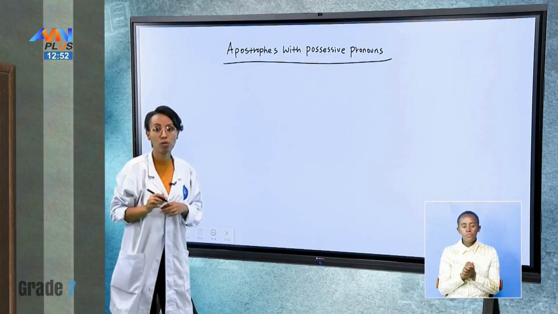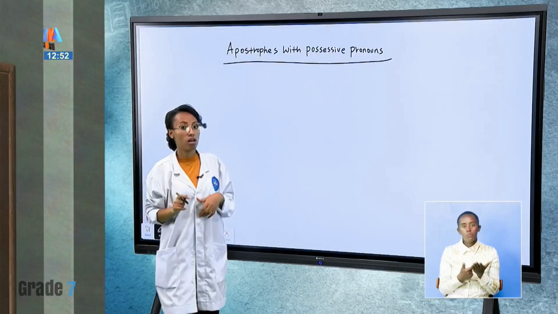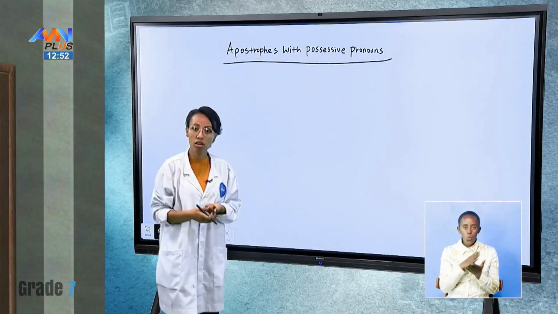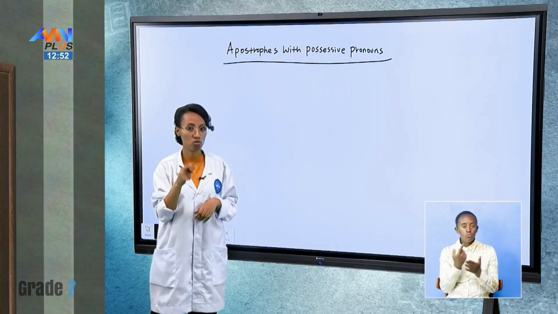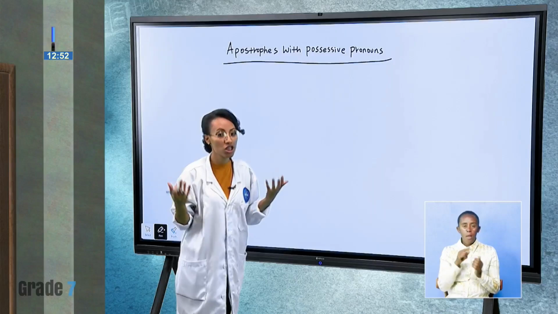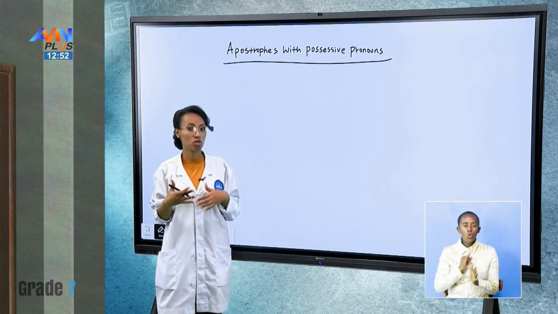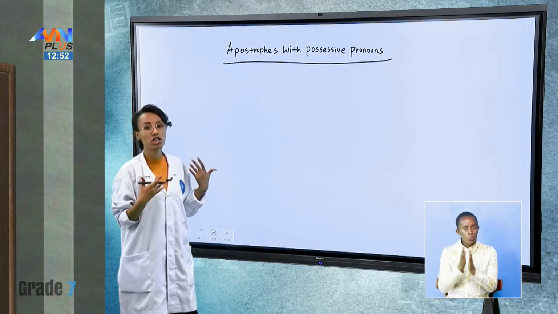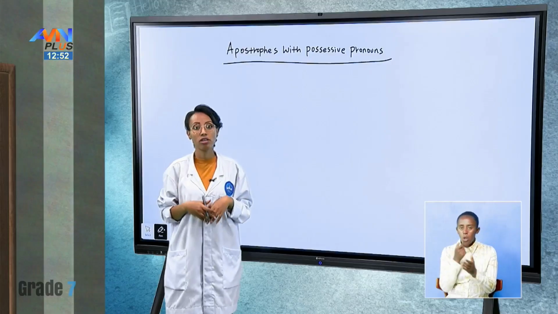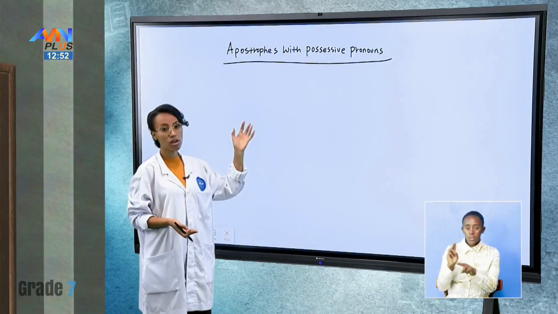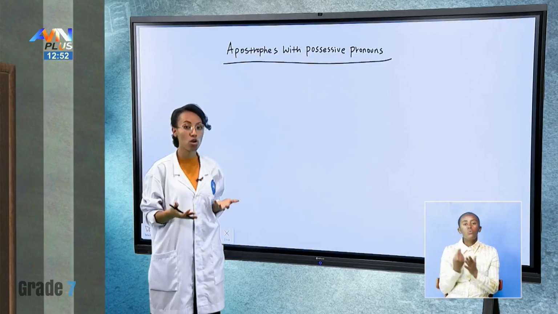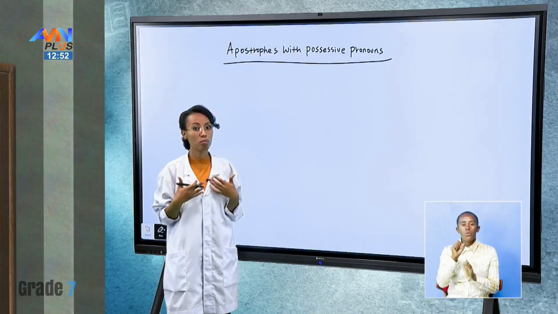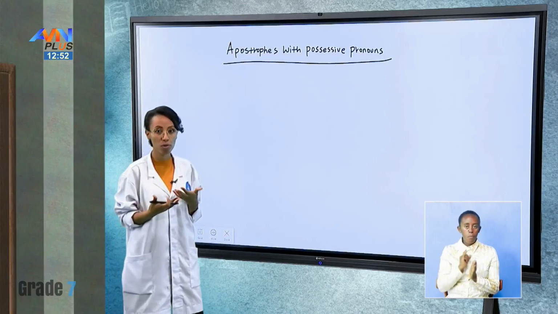So far, when we were talking about plural and singular nouns, we used apostrophes to show possession of those nouns. The student's books, the teacher's lounge, the car seat. So we used an apostrophe to show possession, the belonging of those people.